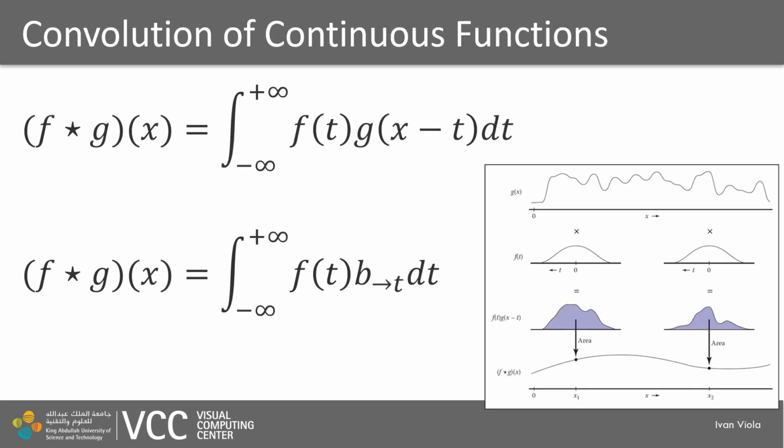Okay, we have been discussing the discrete case until now, but convolution is also defined on continuous functions. So a continuous input signal and also a continuous filter kernel. For example, here we can see that our filter kernel will be this function ft.